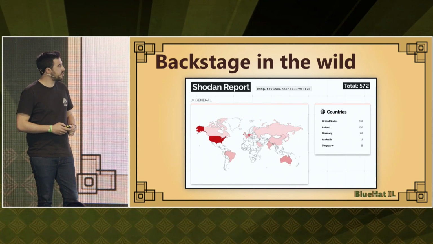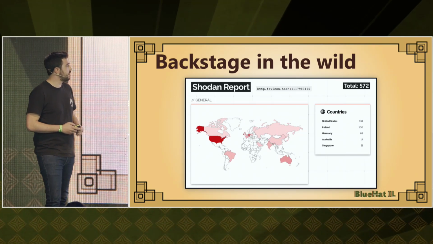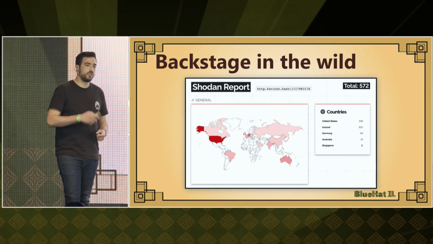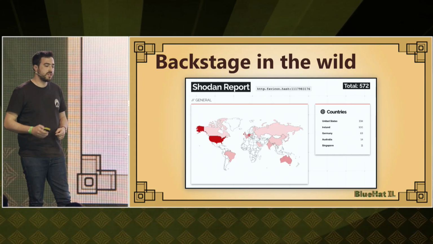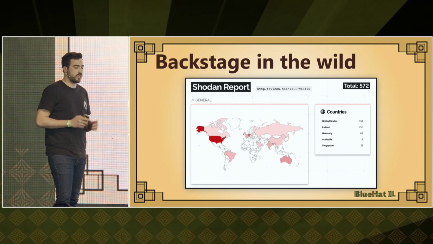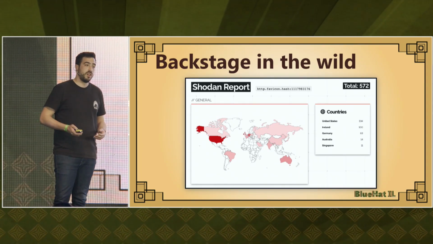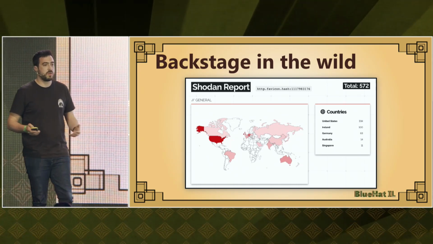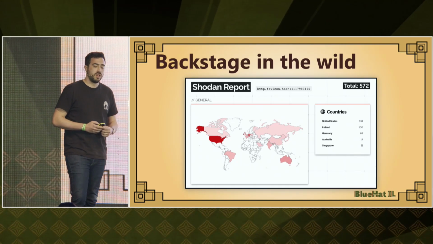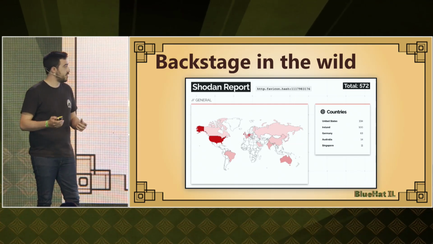We found about 600 instances of Backstage in the wild, and you can see here the geographical distribution of those instances. But we should keep in mind that Shodan basically gives us all the information they have. There are hundreds and maybe thousands of private instances of Backstage in private organizations.